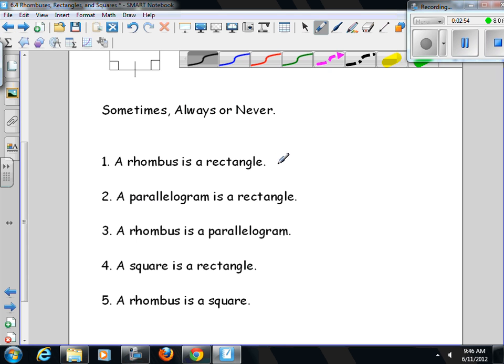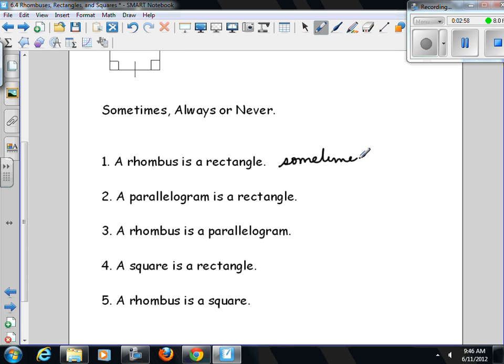But otherwise, it wouldn't be. So we're just going to have to say sometimes that is true. Not all the time, but in a special case where all of the angles are right angles, yes, that would be true.